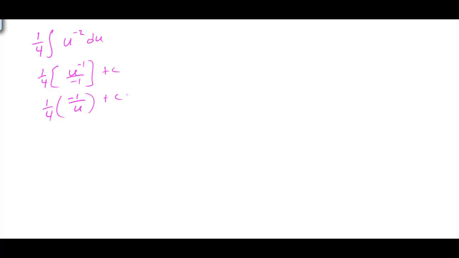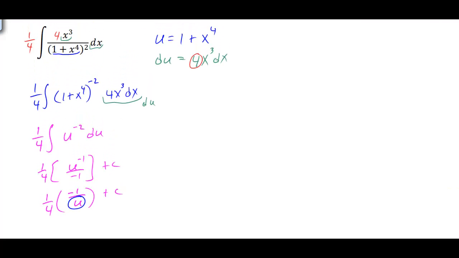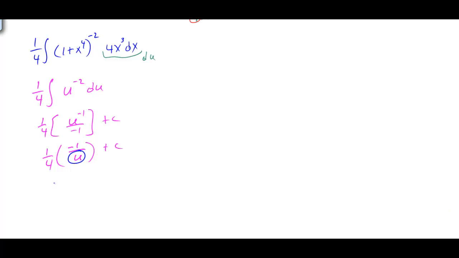So if we actually then do the resubstitution, what is our u? Well, u is 1 plus x to the fourth. So we would have 1/4 multiplied by -1 over 1 plus x to the fourth plus c.